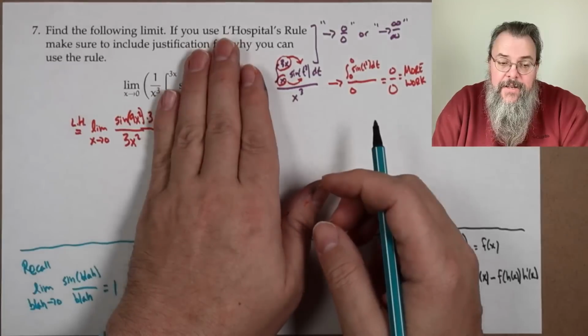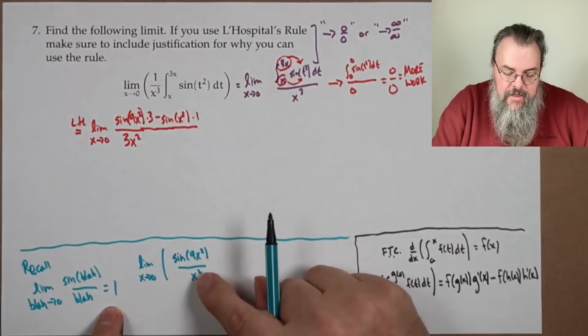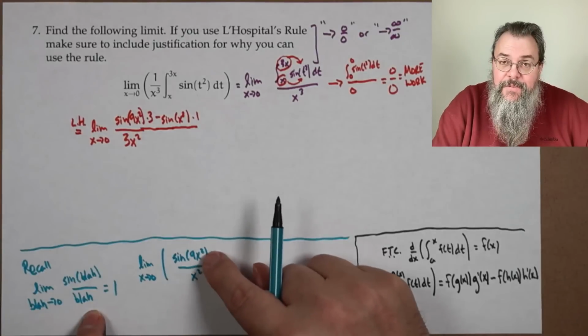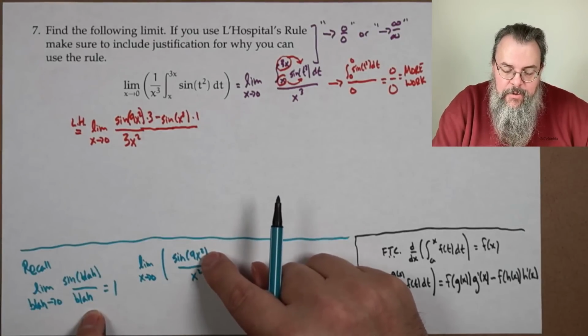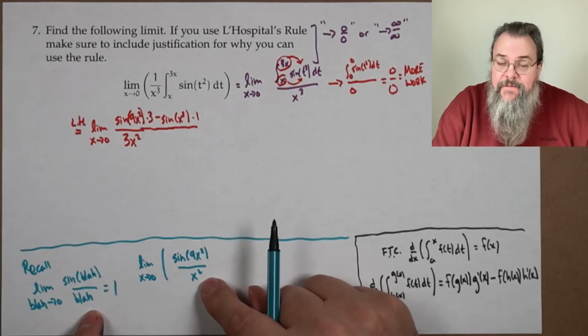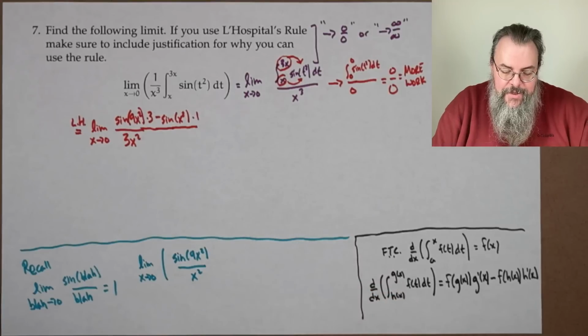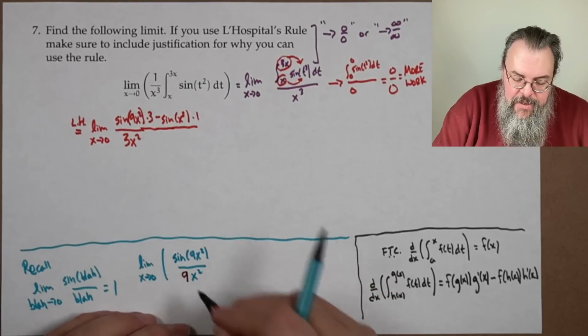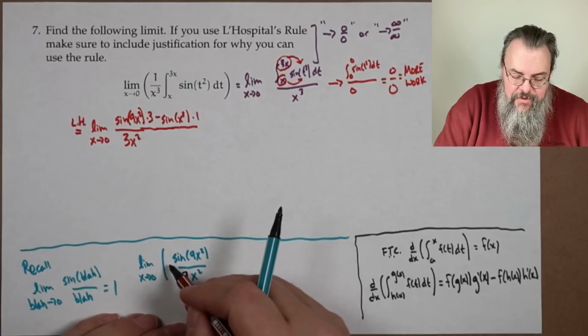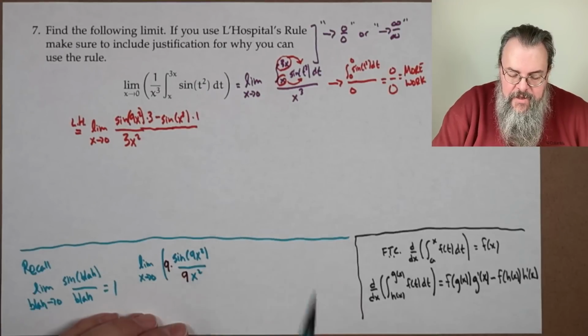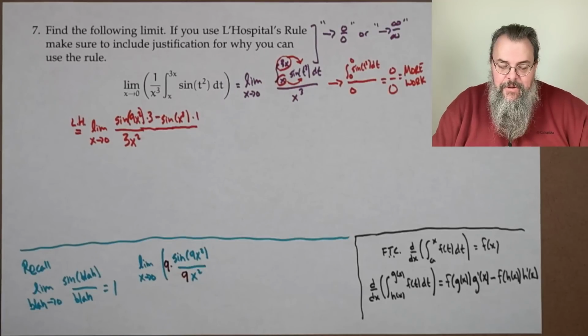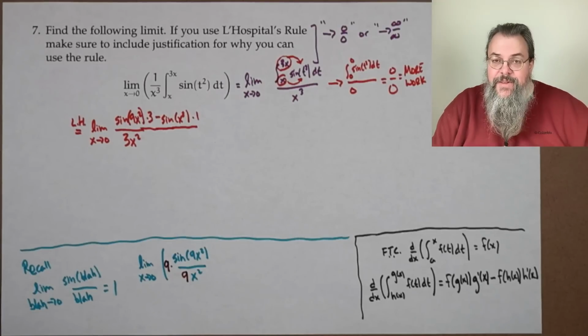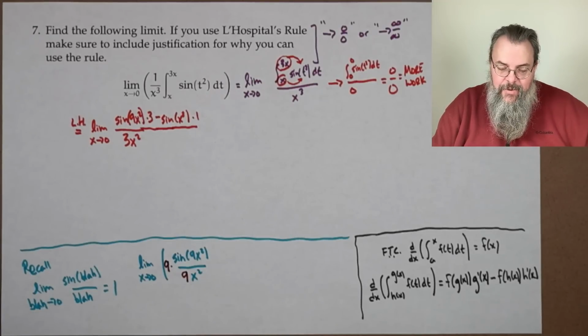We're still working on that. Now, I want the downstairs to match the upstairs. I have 9x squared for my blah. Here I just have x squared. Well, that's okay. We can fix that. We'll put a 9. But look, if we put a 9, we also need to have another 9 to compensate. So it'll be like 9 times sine of 9x squared over 9x squared.